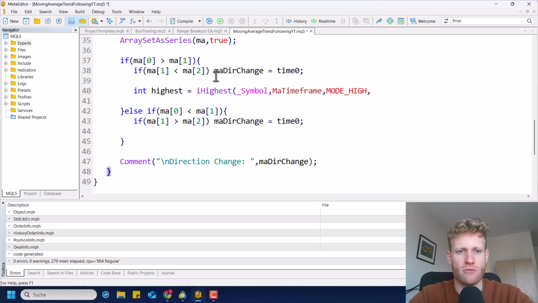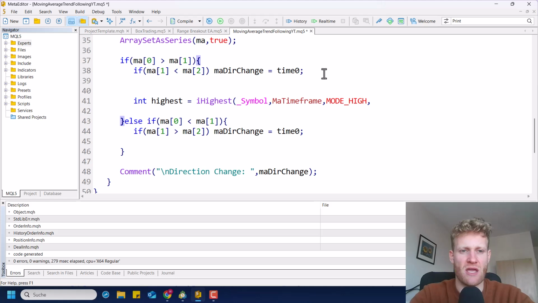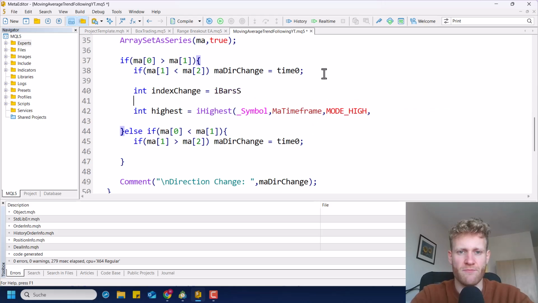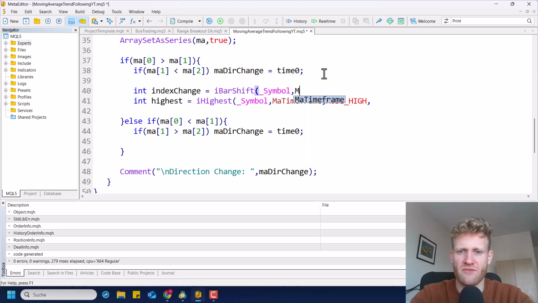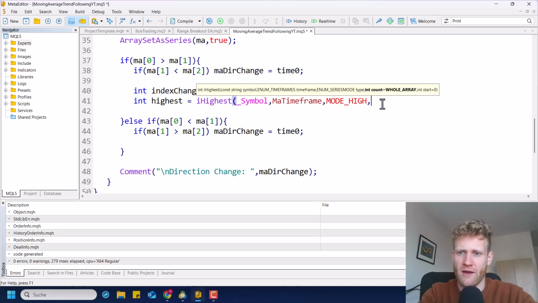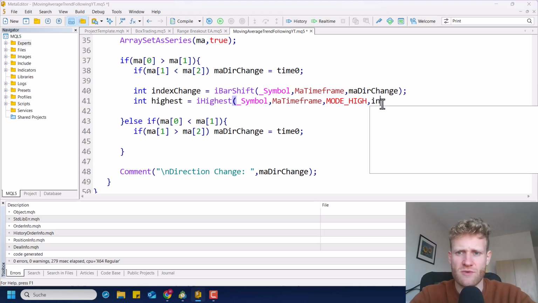So here we can say, let's say int MA direction change index, or index change, is iBarShift, because this will give us the shift value of a specific point in time. And here we then have to define the time frame, of course, and then the point in time, which is the MA direction change. And that's pretty much it. So this will be our count. So we say index change.